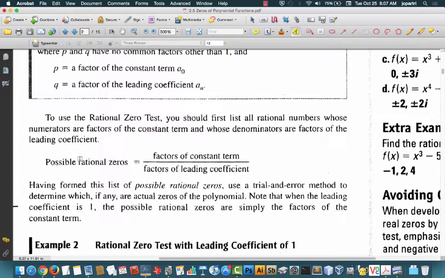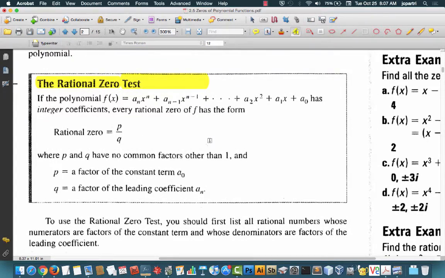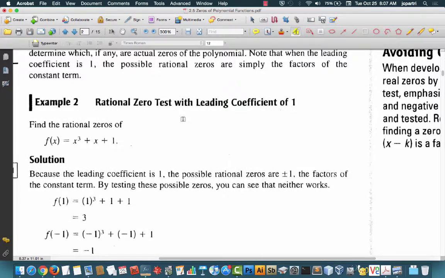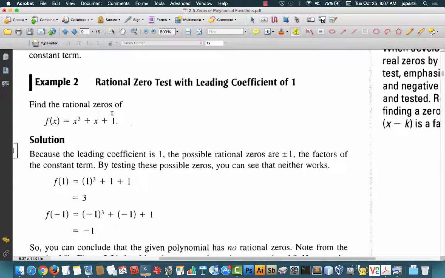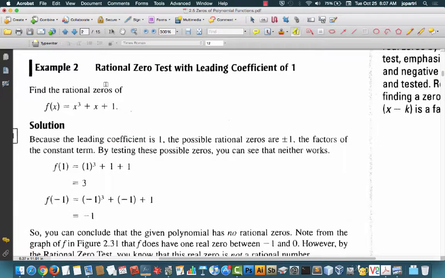Now, we just read through that. That's not going to mean a whole lot right now. And to make matters worse, I think that their example 2 is a horrible way to start off the whole process. They really don't do a good job, because example 2 shows how this rational zero test fails.